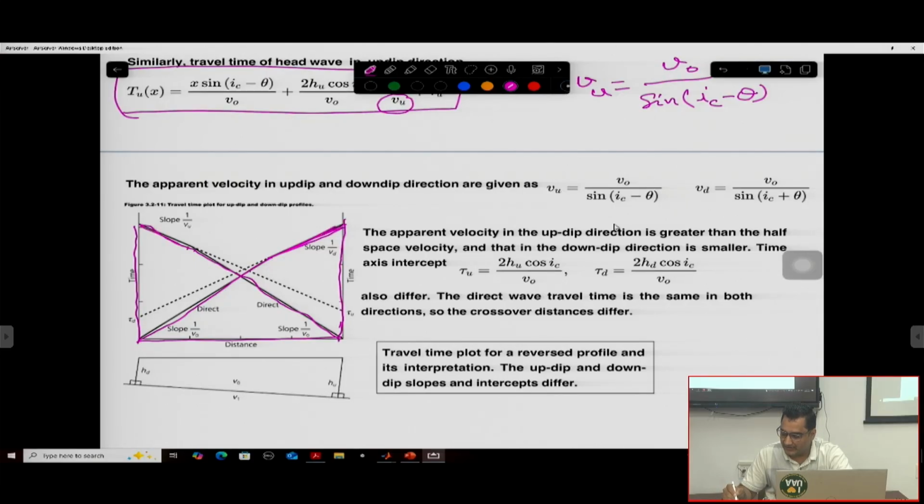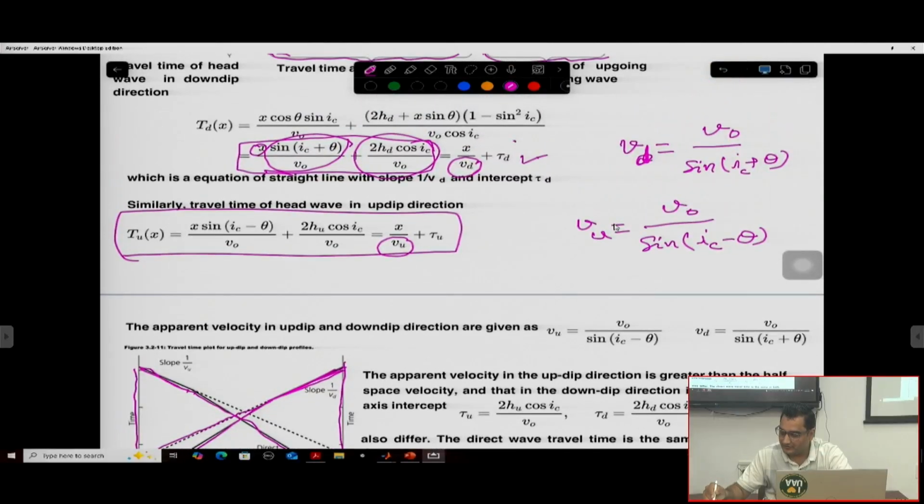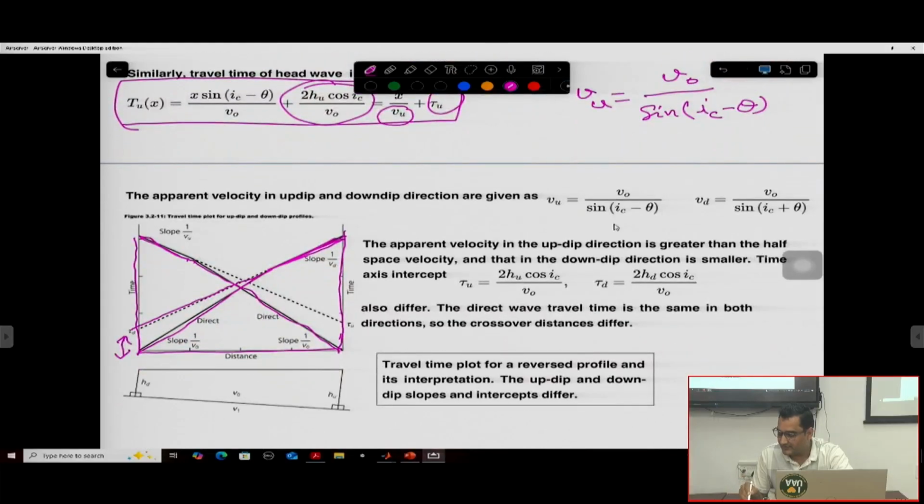When you extend the head wave of the down dip, it will intercept somewhere here, and that will be the intercept time tau d. So tau d we saw that, right? Likewise you have tau u also, and its value is here. For tau u you need to extend this head wave, and this will be the tau u.